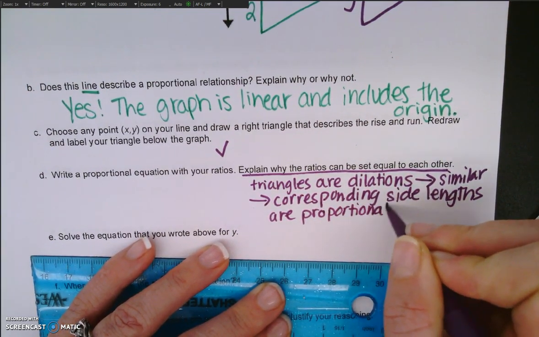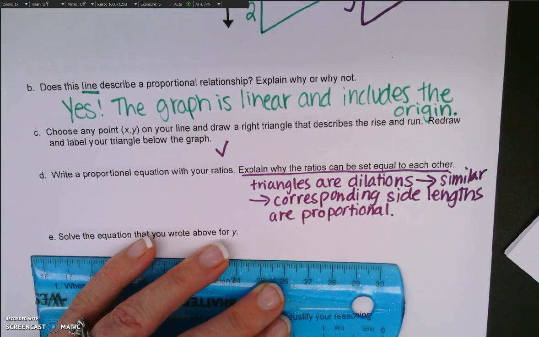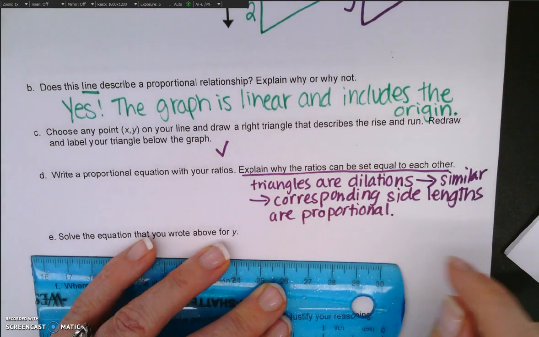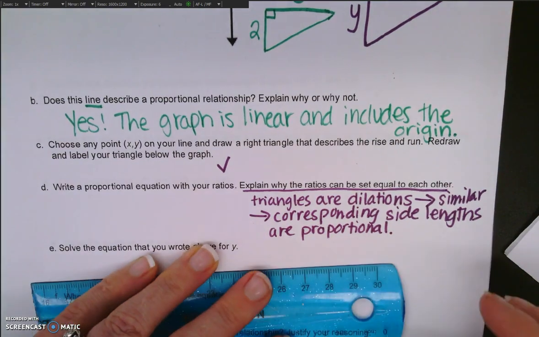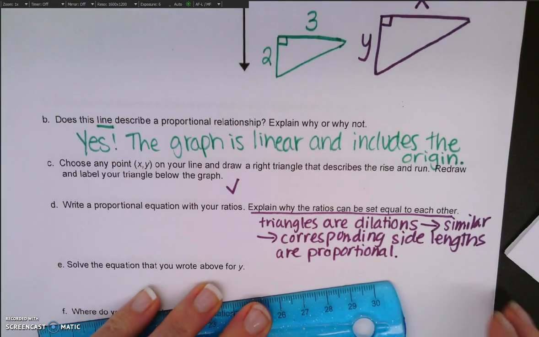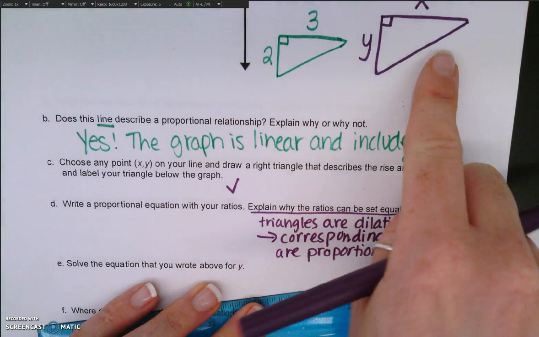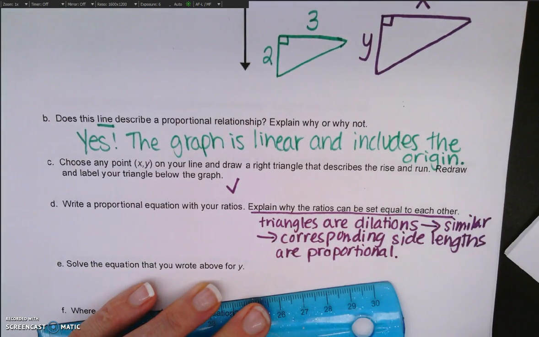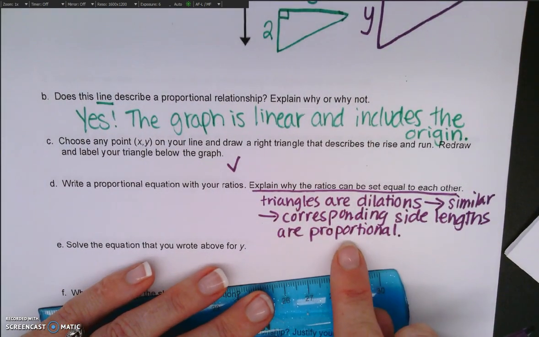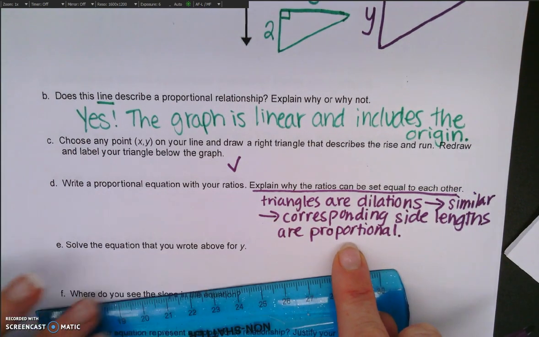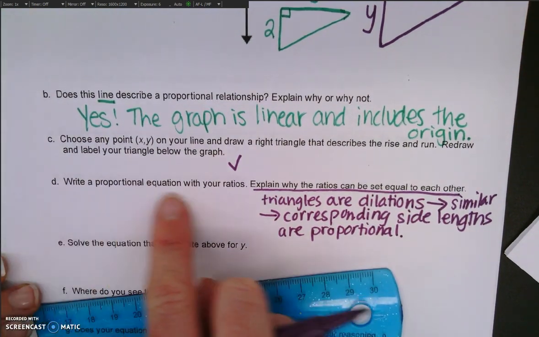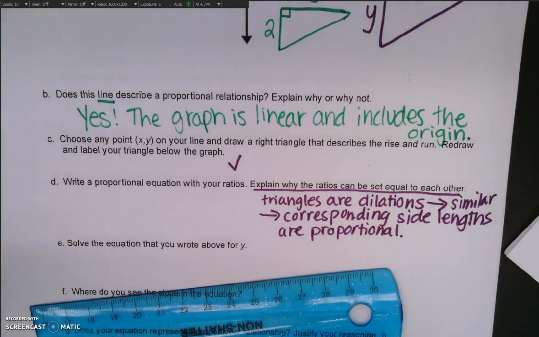Remember, all proportional means is that they have equal ratios. Because both these triangles are determining the slope of a line, and lines have constant slope, we know that these ratios are equal, and that's what proportional means. Proportional means equal ratios. So we're going to write a proportional equation with our ratios.